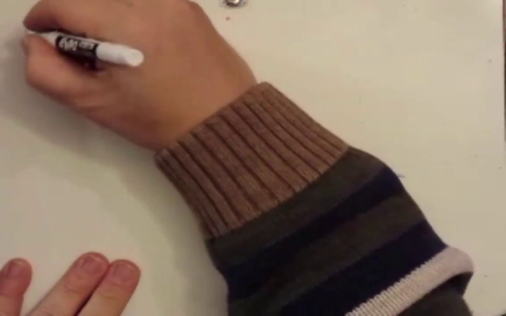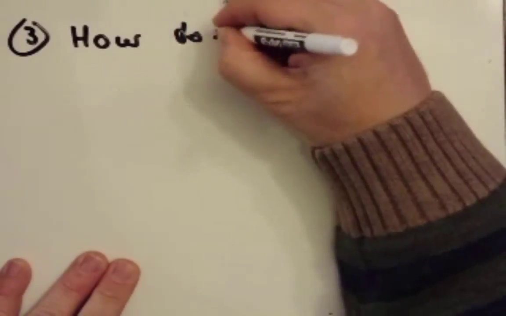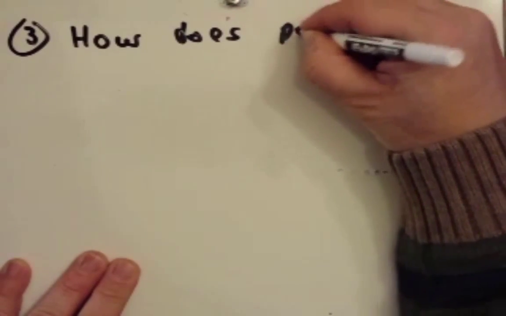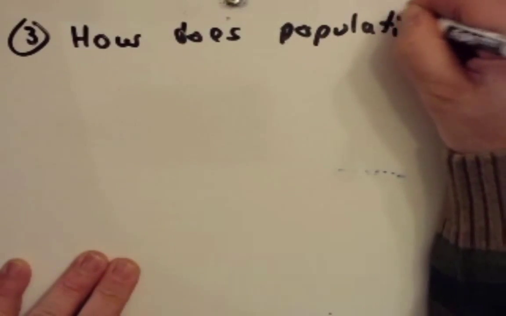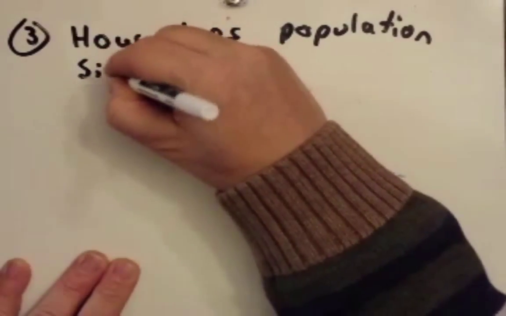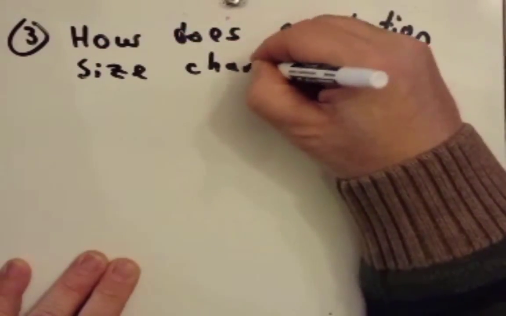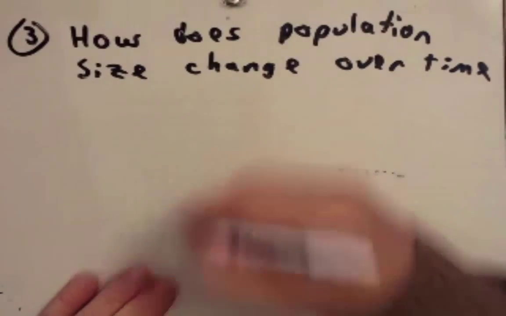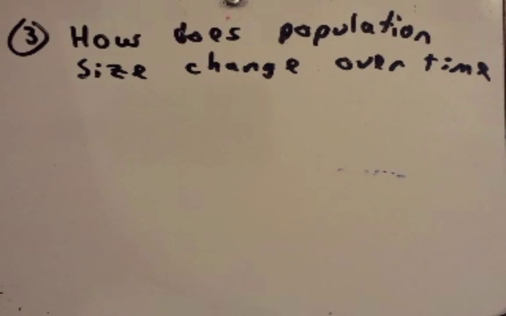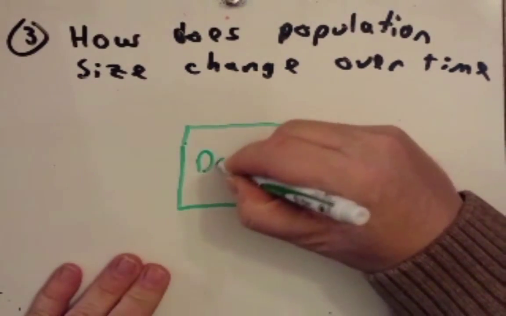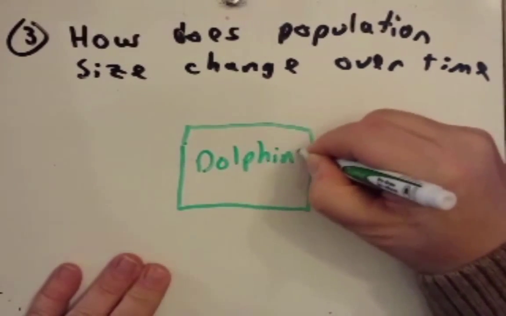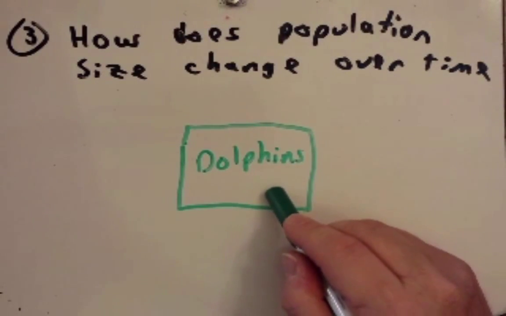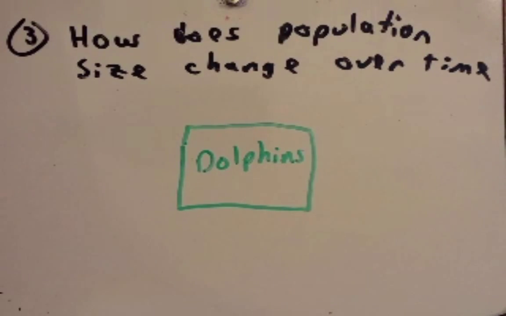All right, let's move to the last question that a population ecologist might answer, and that is, how does population size change over time? So some of the factors that can change a population, so if you look at a population of, let's do dolphins. What's going to impact the size of this population?